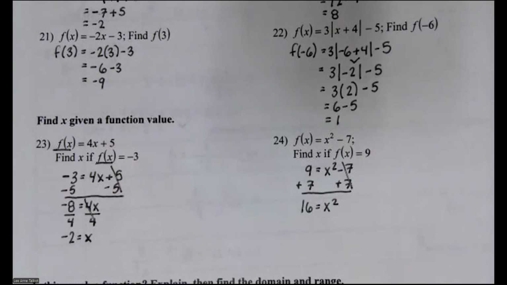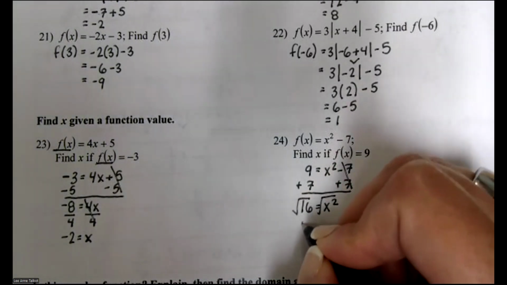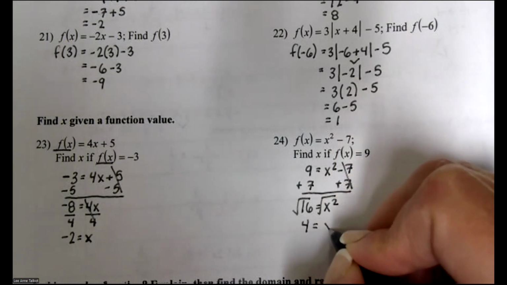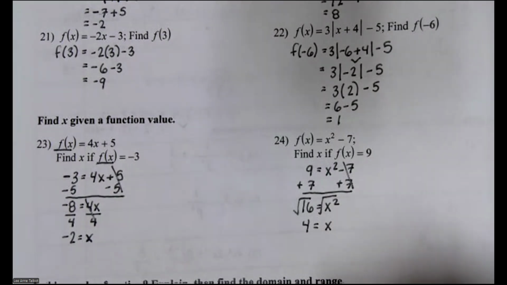Okay. How do you undo a squared? Square root, right. Now, you might say 4 equals x. However, there's another answer that also works.